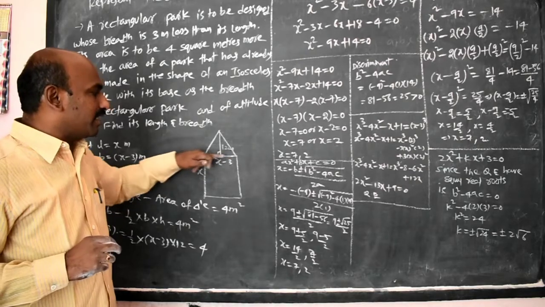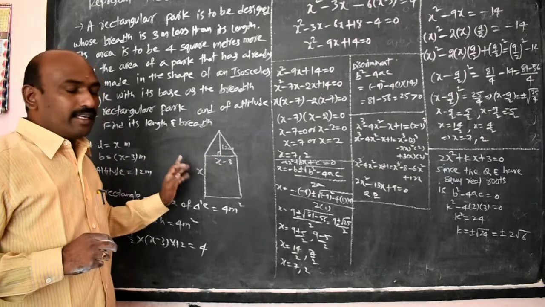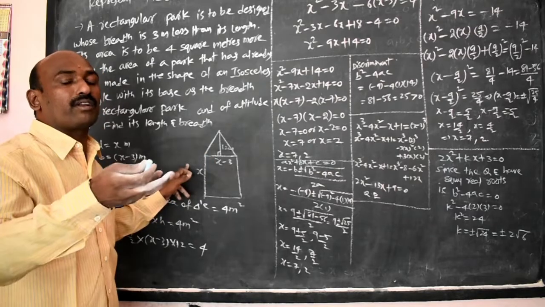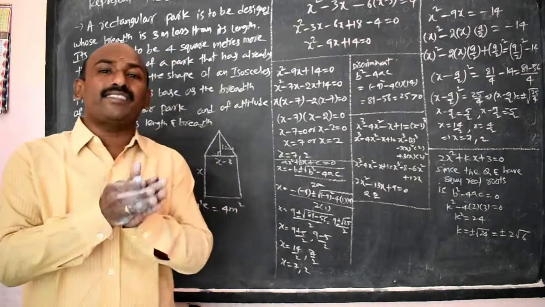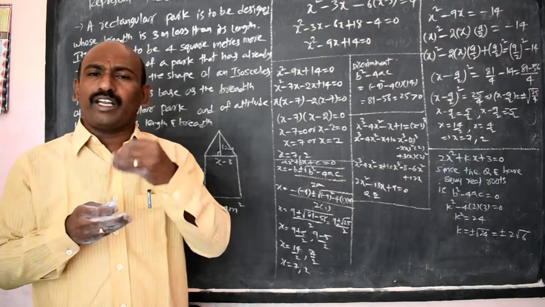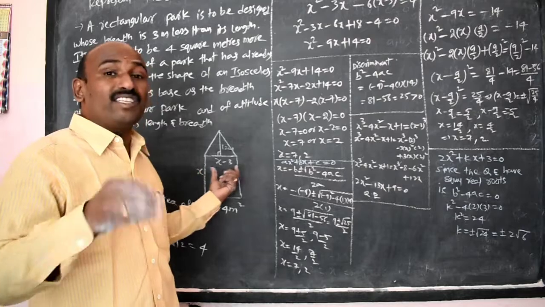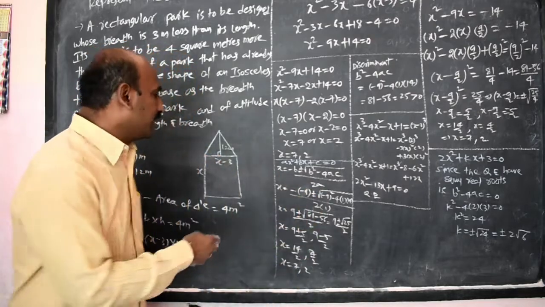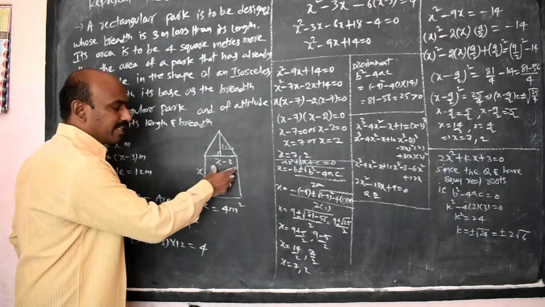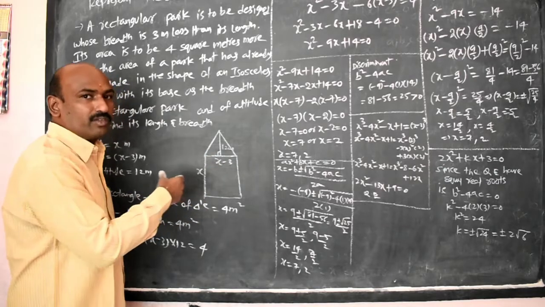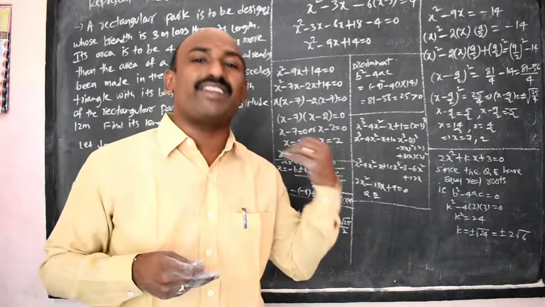If you take breadth as x, then length is x plus 3. The difference should always be 3, whatever value you take. Means the length is always 3 more than the breadth. Depending on the situation, finally we will get the same dimensions.